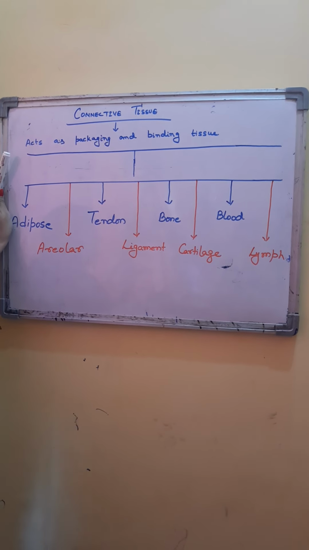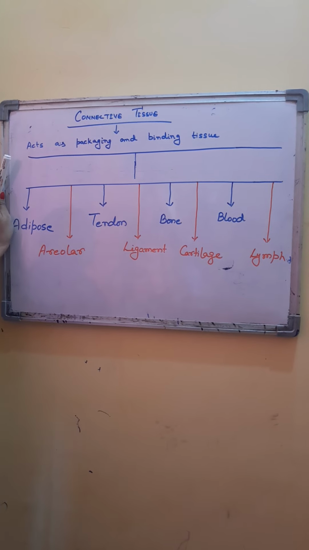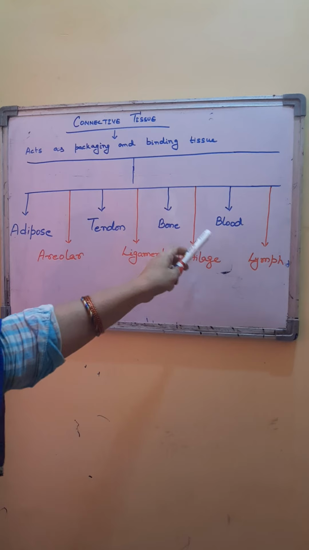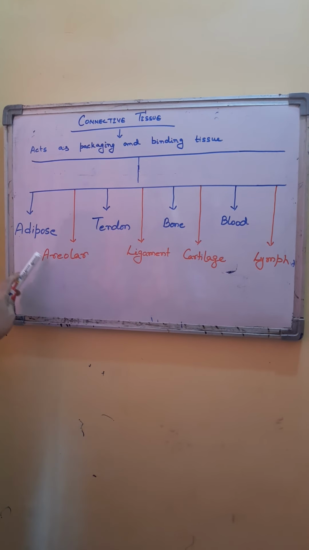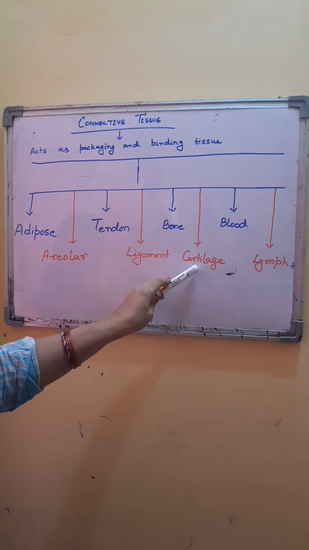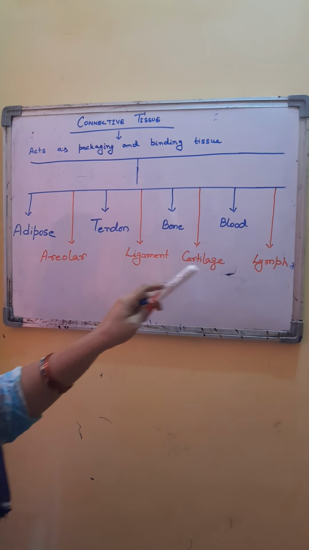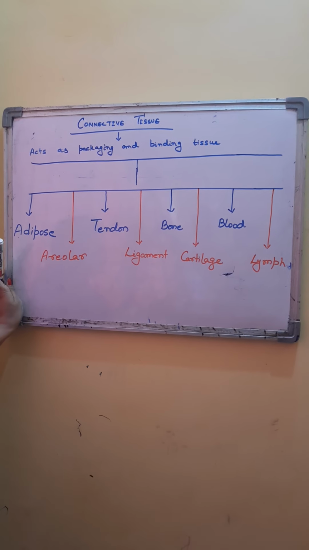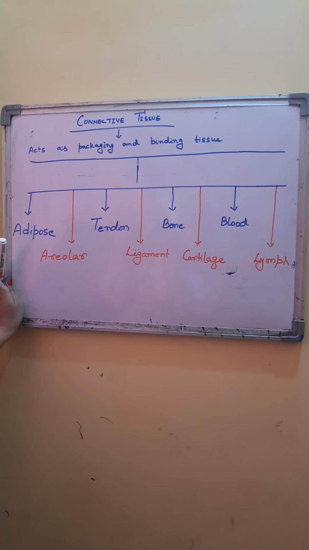Connective tissue is further divided into various types. There are 8 types of connective tissue. You can see here: adipose, areolar, tendon, ligament, bone, cartilage, blood and lymph. These 8 types of connective tissues are grouped in various categories.